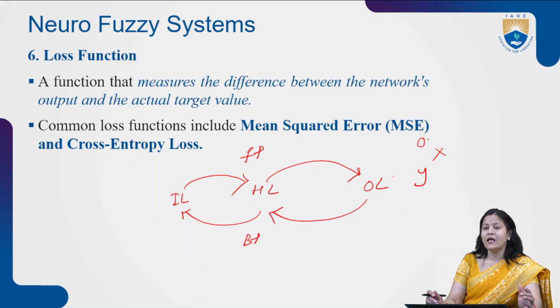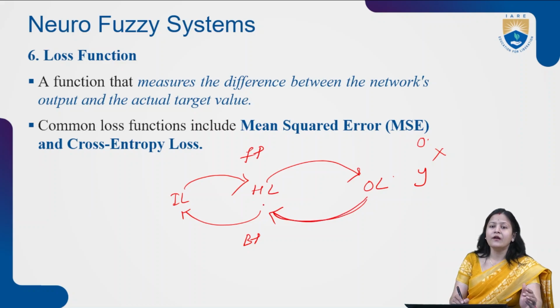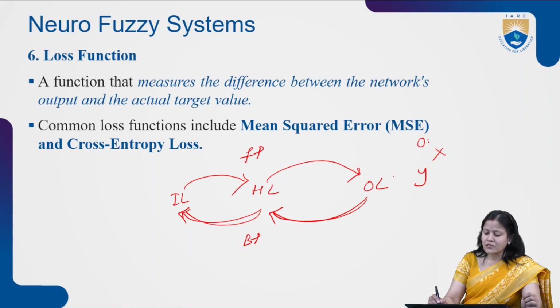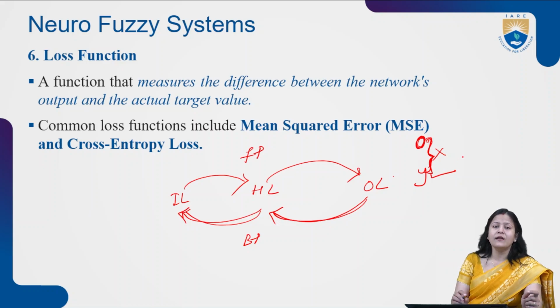In that case, the error will be propagated in the reverse direction from the output layer to the hidden layer and from the hidden layer to the input layer. The gap between the original output which we get from the neural network and our targeted output, that error is called the loss function. So how can the error be defined? Using a function which is called the loss function.